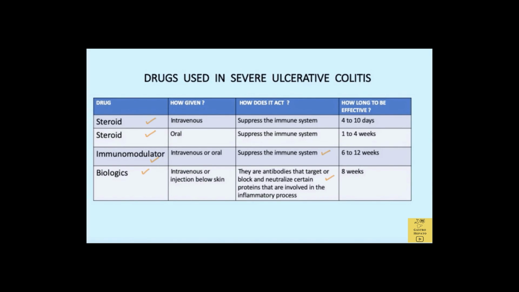They are antibodies that target or block and neutralize certain proteins that are involved in the inflammatory process. Normally, immunomodulators and biologics take a couple of weeks to be effective. So, in the interim period, steroids are given as the onset of improvement is a lot faster.